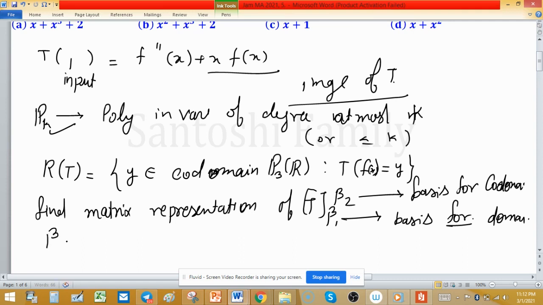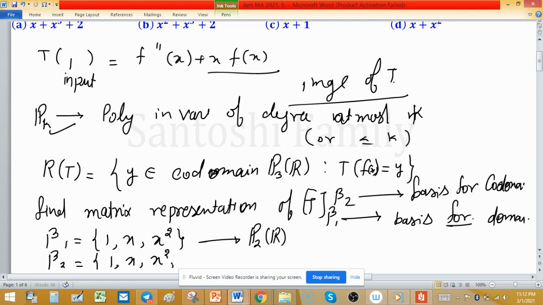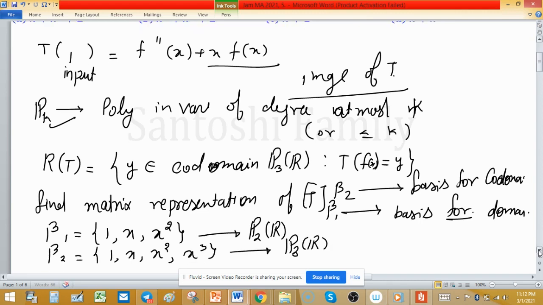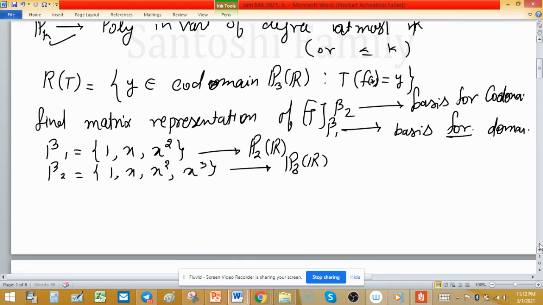Therefore, beta 1 is 1, x, x square, as the domain is P2(R), and beta 2 will be 1, x, x square, x cube. This is P3(R), real polynomials of degree at most 3.